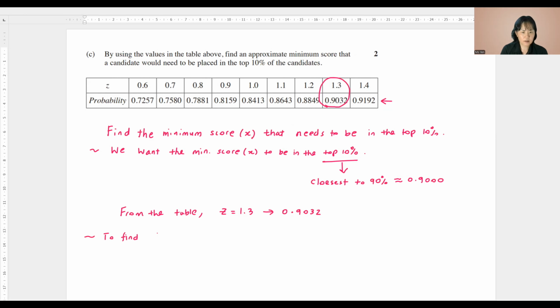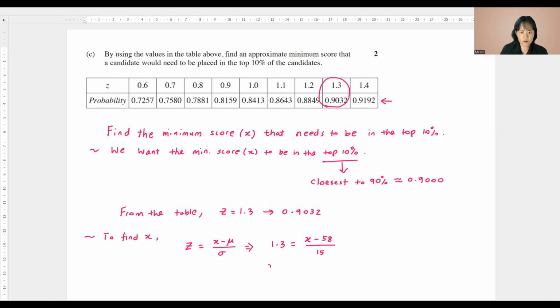To find X, we need to use the formula. Z equals X minus mu all over sigma, which is 1.3 equals X, we don't know, mu is 58 and standard deviation was 15.